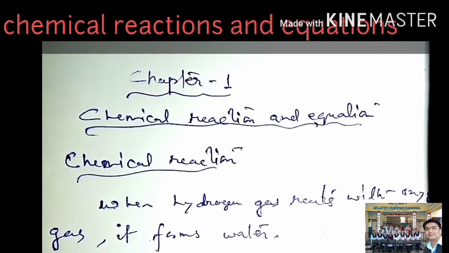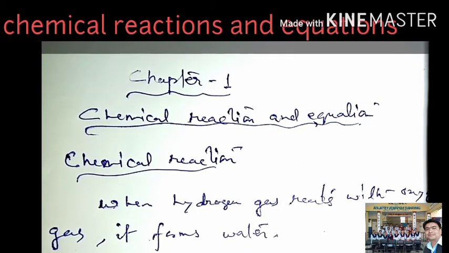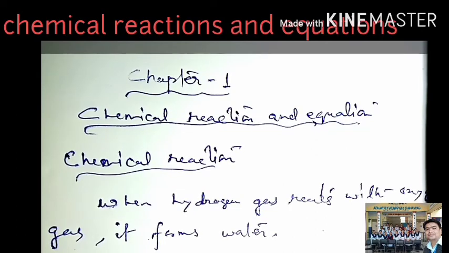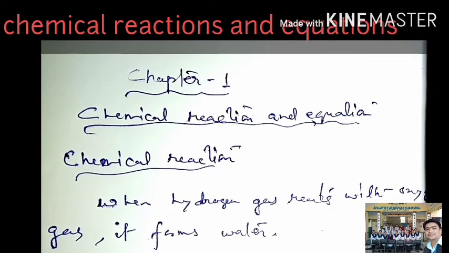So there are various factors, or you can say characteristics, to understand whether a chemical change or chemical reaction occurs or not. You can understand whether a chemical reaction occurs by looking at the change in state, change in color, change in temperature. These are the characteristics of a chemical reaction.